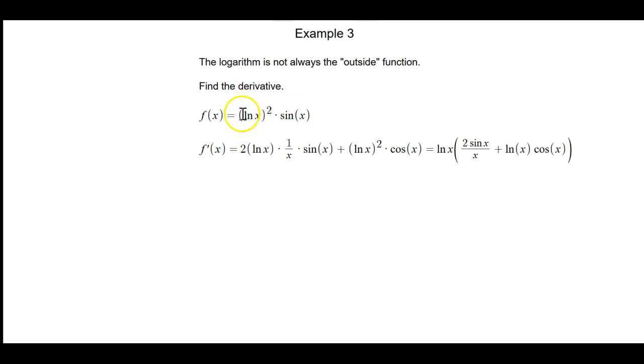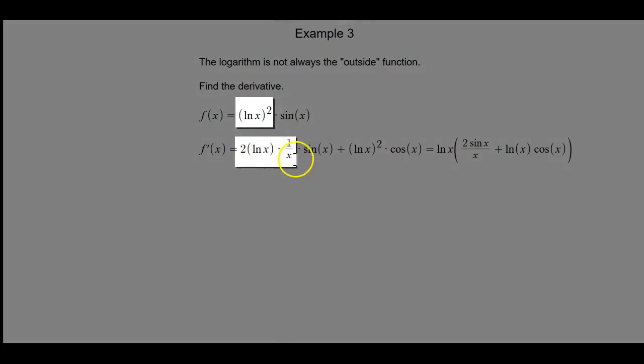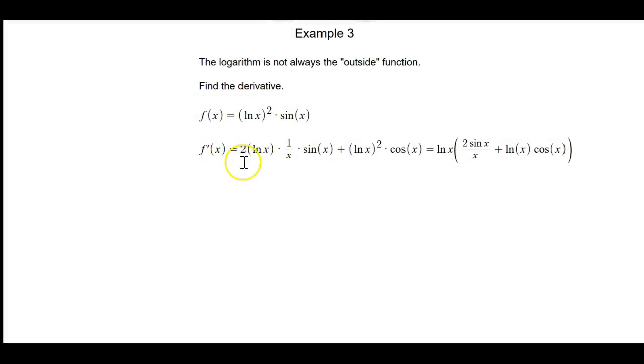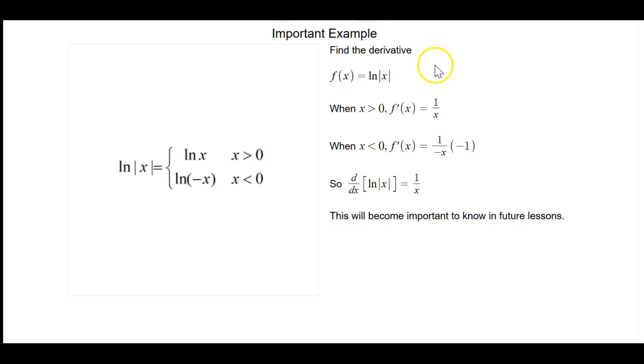The derivative of this first factor is 2 ln of x, that's the derivative of the outside, times the derivative of the inside, 1 over x. So that's the derivative of the first factor times the second factor, plus the first factor times the derivative of the second factor. And here's my result.